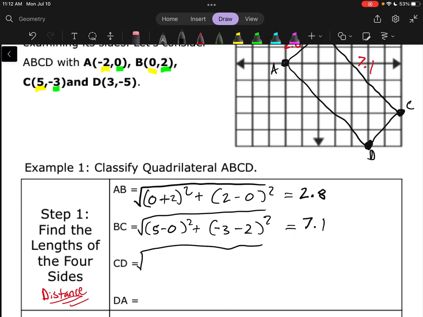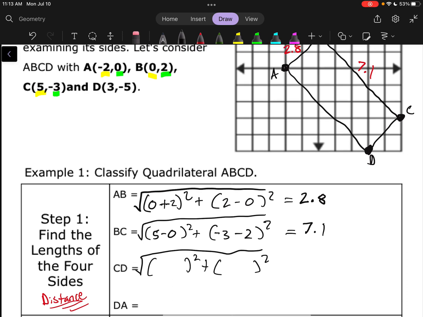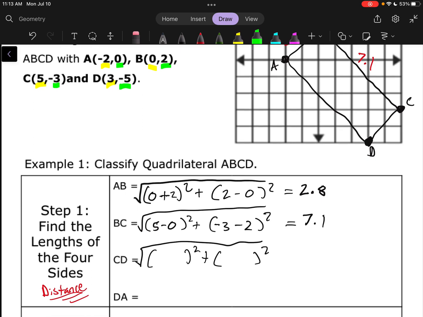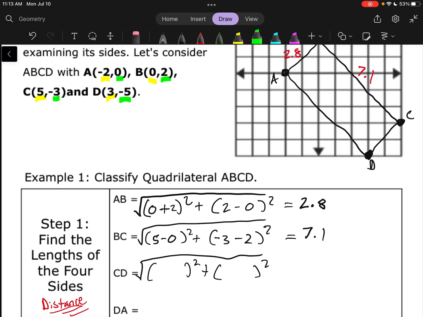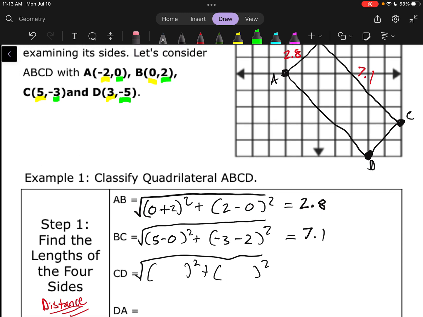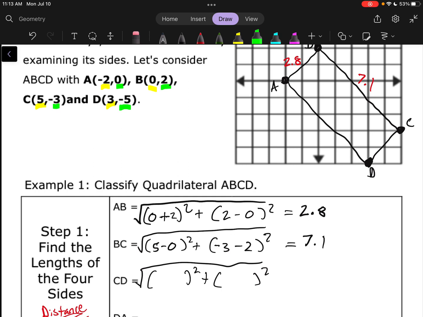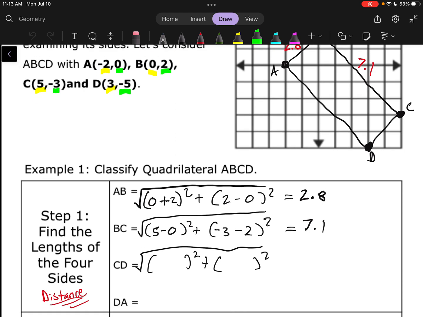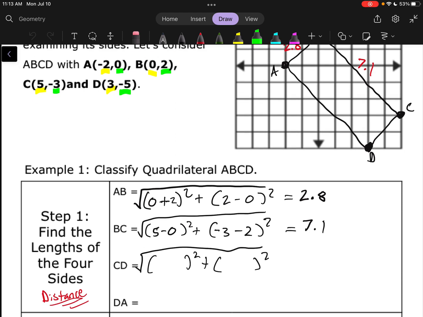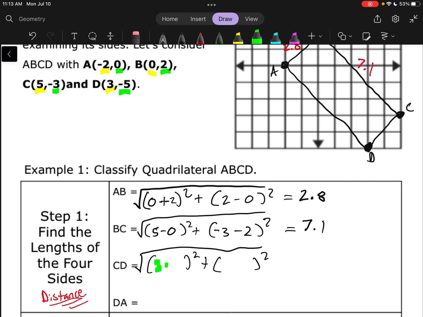So now let's find the length of CD. So now we're going to be using the 3 and the 5 for the x's and the -5 and the -3. You should probably have a guess as to what we expect to get. If our original assumption was correct that this thing is a rectangle, then that opposite side should be the same as the 2.8, right? So we're expecting to get 2.8 here, but let's see what happens. So this will be 3 minus 5.